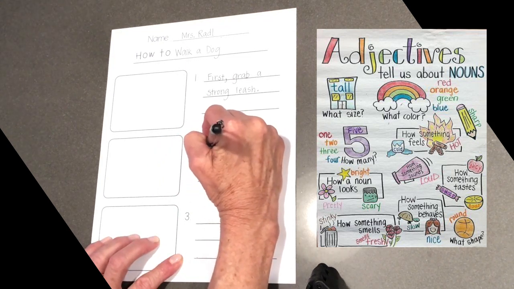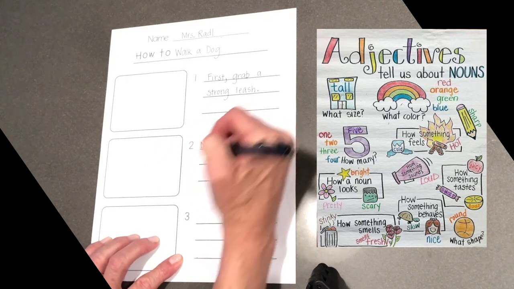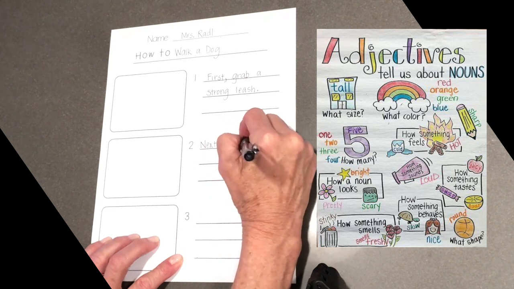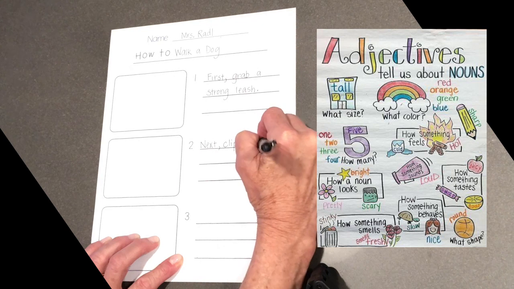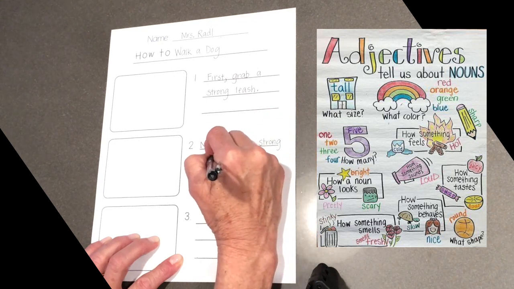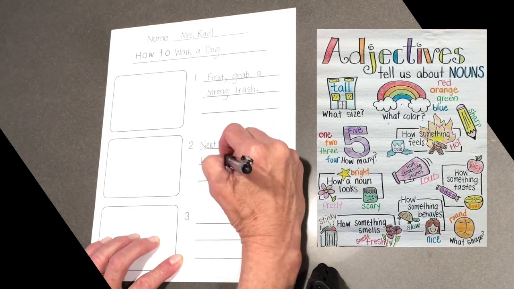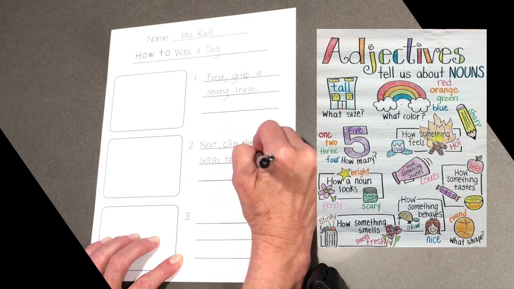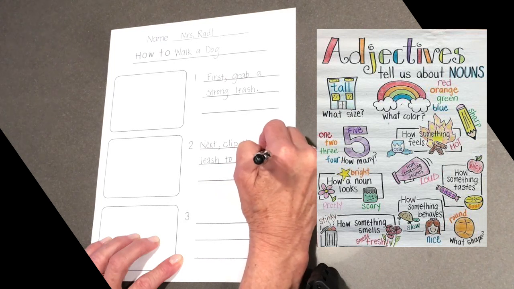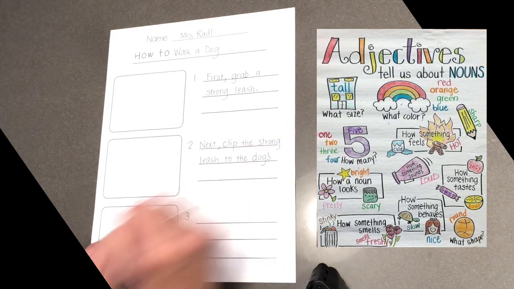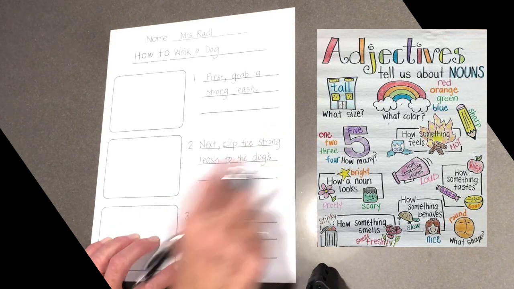Next is my transition word. Clip the strong leash to the dog's, and I'm going to put a little sky comma here. It's called an apostrophe because it's his leash.